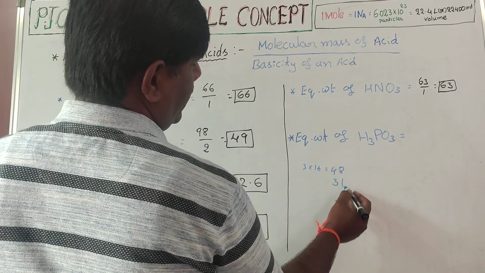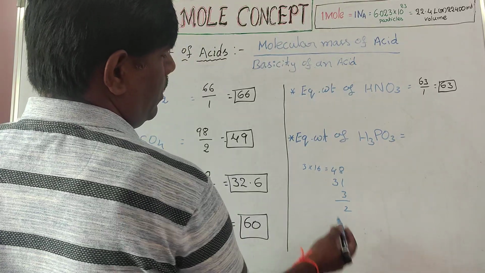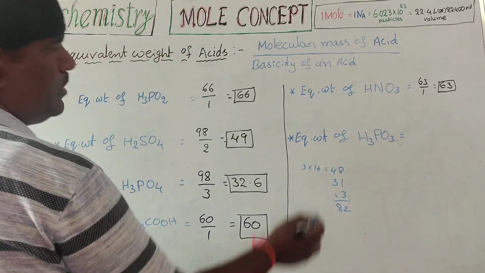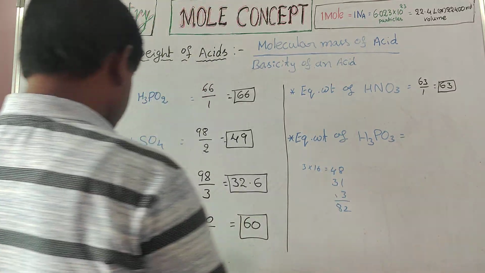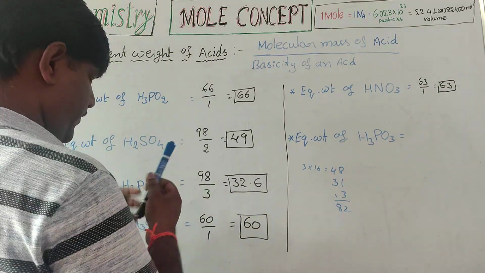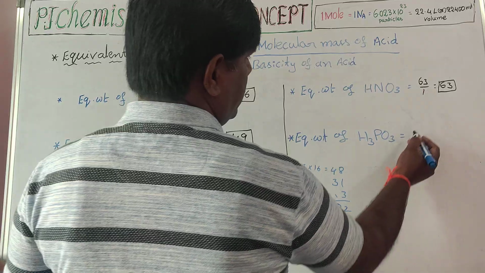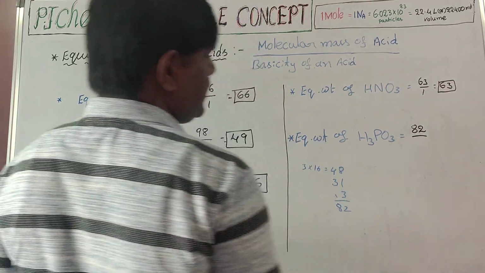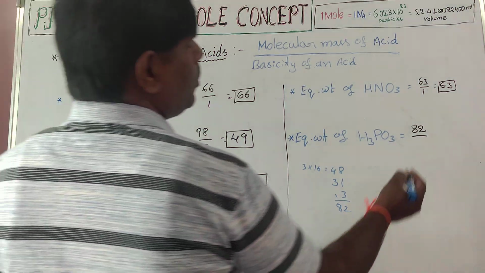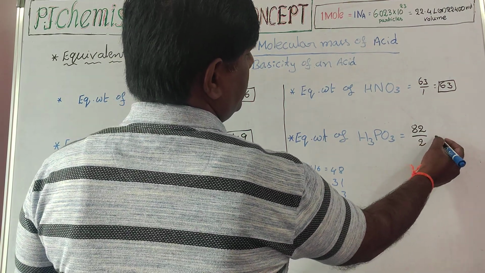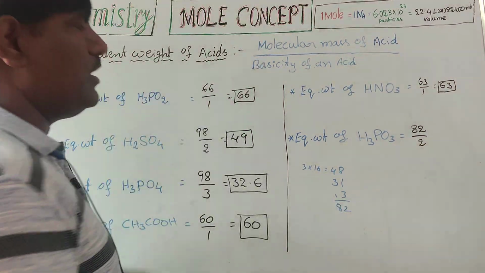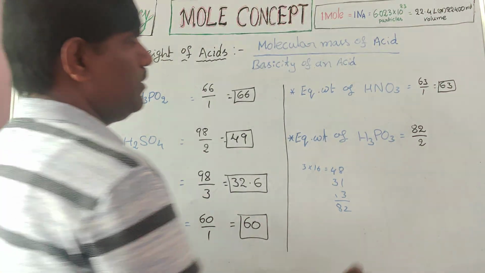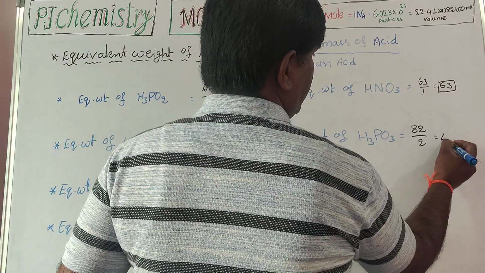Total 82. Its molecular mass is 82. So once you find the molecular mass, divide by the basicity. The basicity of this acid, phosphorus acid, is 2, because one oxygen has a double bond, and the remaining 2 oxygens have 2 hydrogens. So 41.